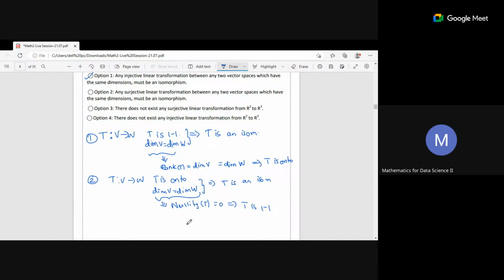Of course, it cannot always be isomorphic, because there are several examples for 2 by 2 matrices and 3 by 3 matrices, or any square matrix, for which the determinant is 0. It means it is not an isomorphism. But we are saying there exists, it means you can find. If determinant is 0, it means it is not invertible, that is, the corresponding transformation is not an isomorphism.